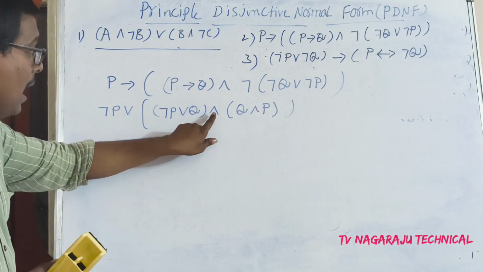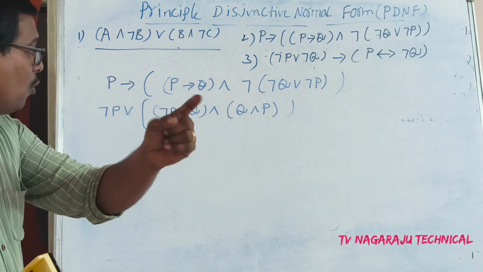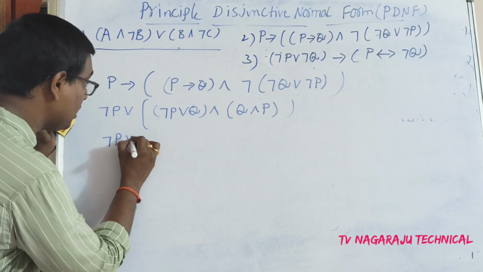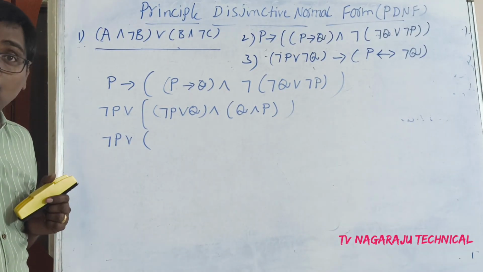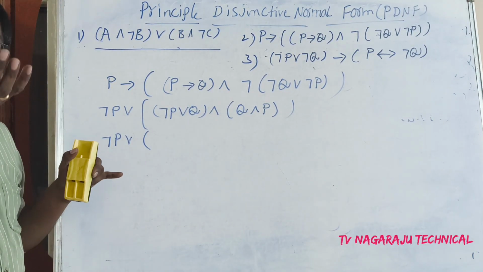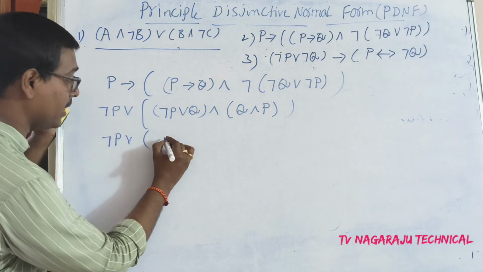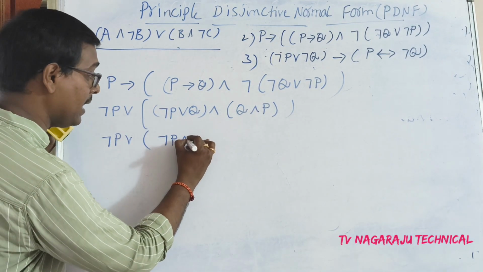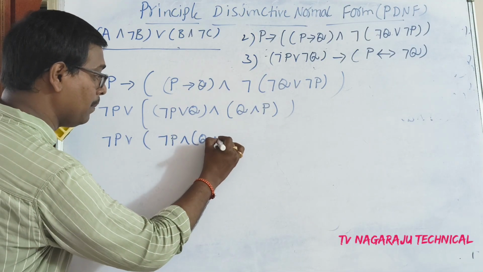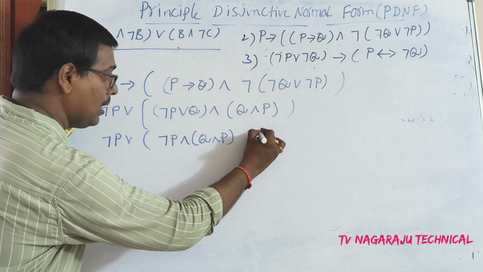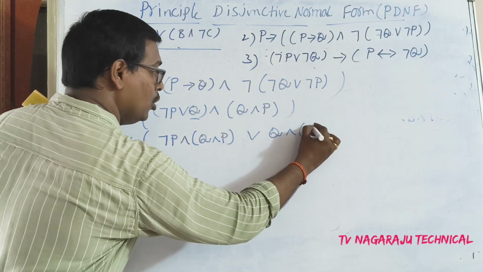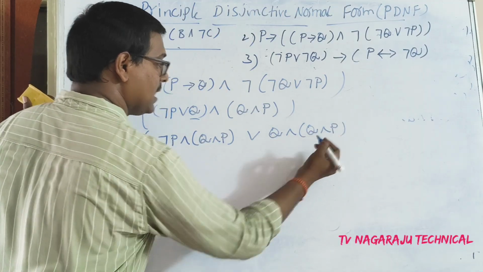Now apply the distributive law over addition. As usual, negation P or what we need? I need a product term inside. So negation P and Q and P, or Q and P. This is the way.